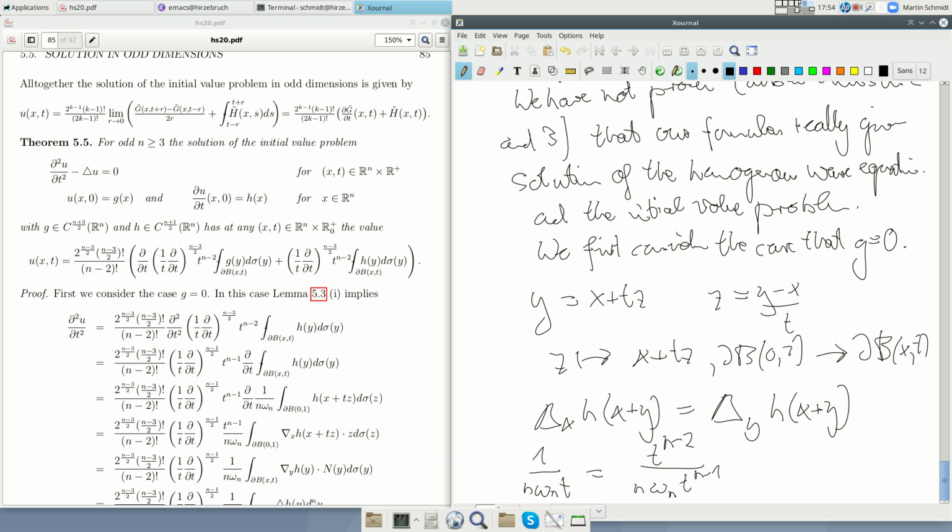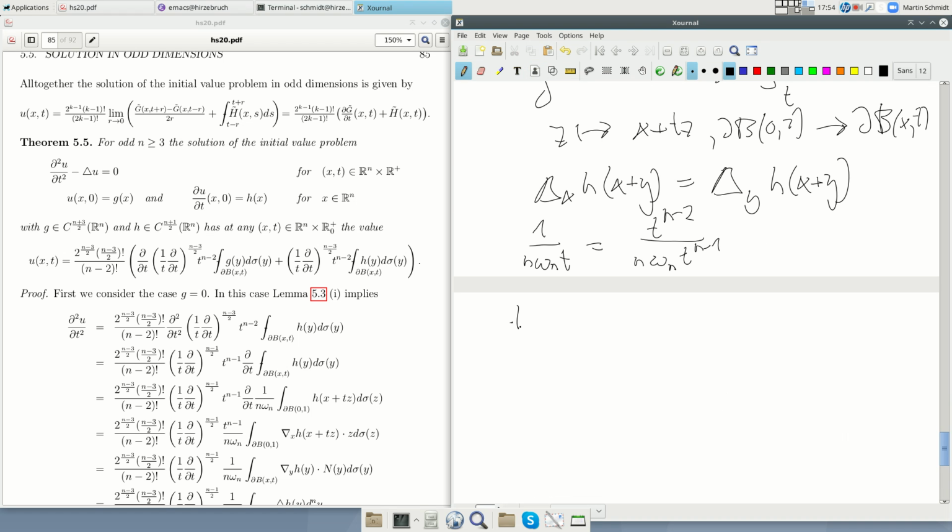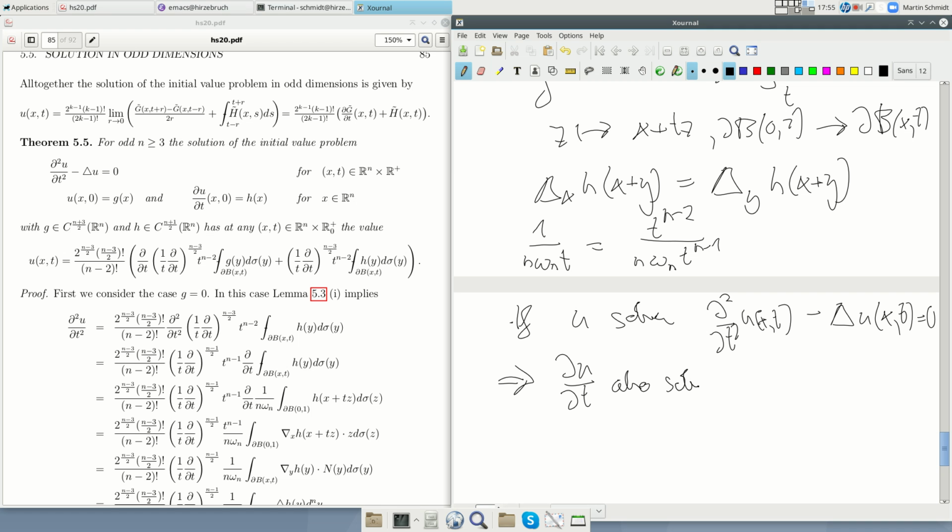But if we have a function u which solves d squared by dt squared u of x,t minus Laplacian u of x,t is 0, then clearly du by dt also solves this equation.